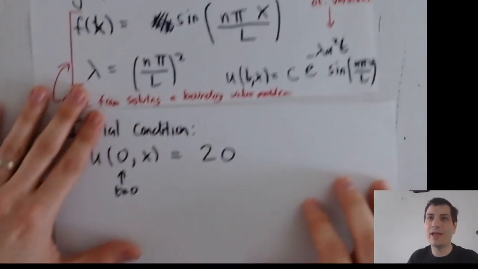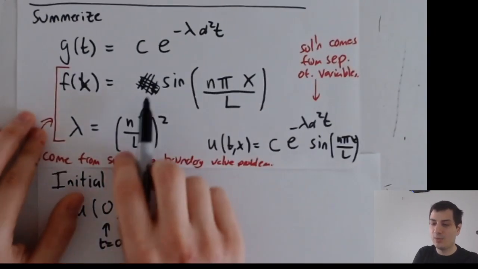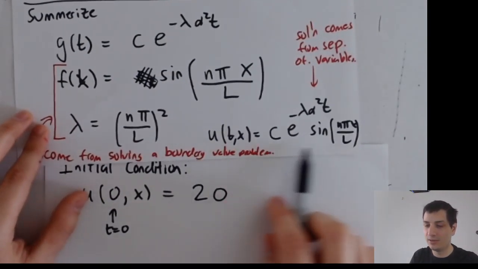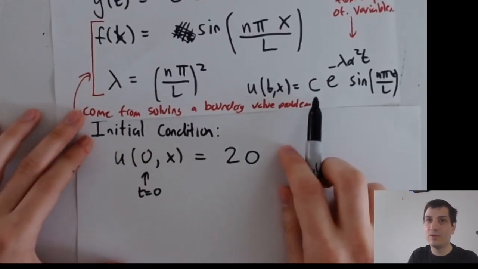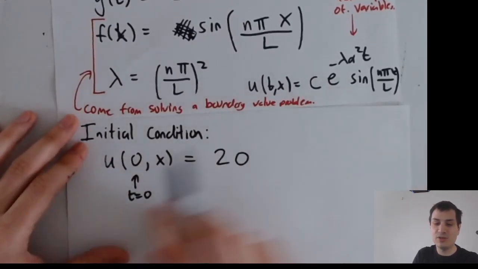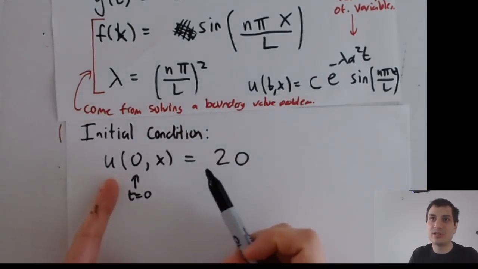And if you remember how things have been going in this course so far, we find the general solution. And in this case, there's one constant c. Once we find the general solution, we find the value of c that makes the initial condition work.